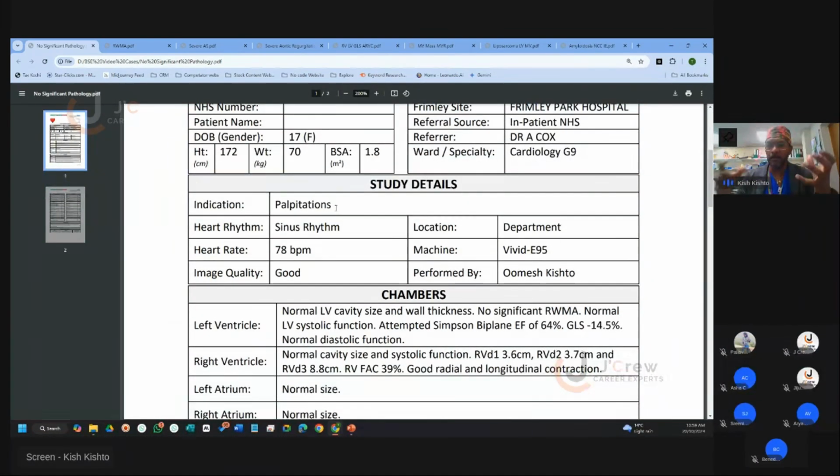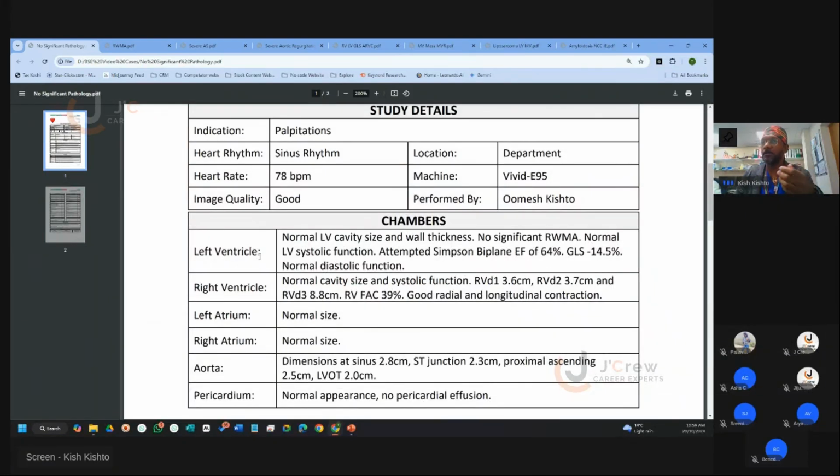For example, if the patient has lots of ventricular ectopics, you will look at different pathologies as well. Make sure you put the rhythm, whether sinus rhythm, AF or complete heart block or anything like that, the heart rate and the quality of the image, whether it's good enough or not.